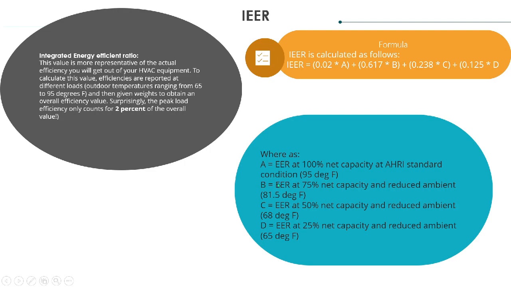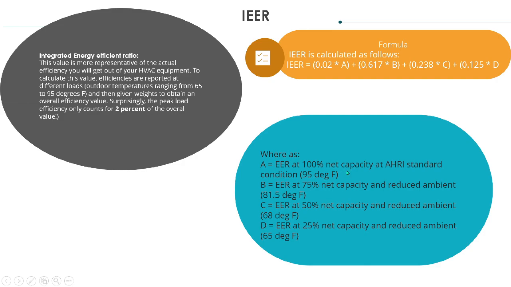Well, B is equivalent to EER at 75% net capacity and reduced ambient temperature, as in 81.5 degrees Fahrenheit.